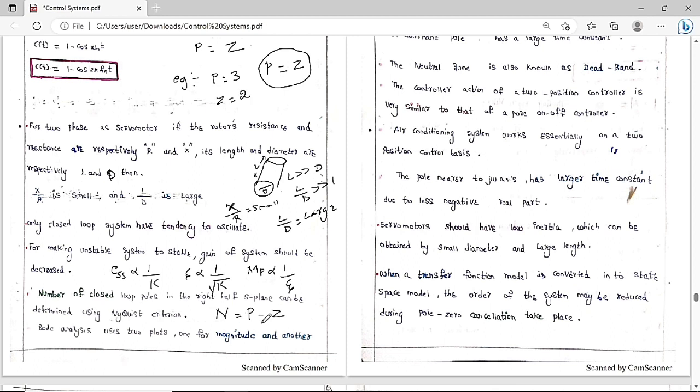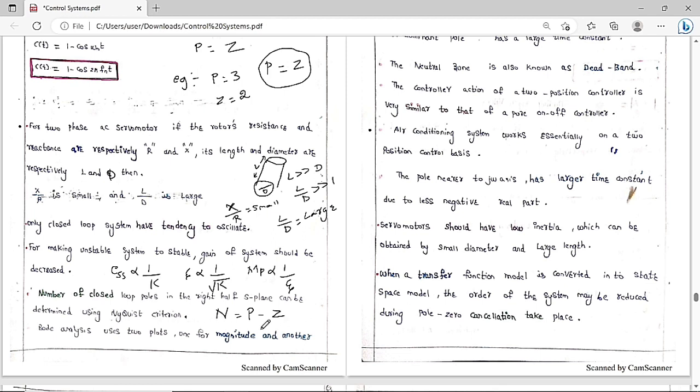What is P? P is the number of poles of G(s)H(s) which are in the RHS of the S plane, and Z is the number of closed loop poles of G(s)H(s) which are in the RHS of the S plane. Listen carefully.